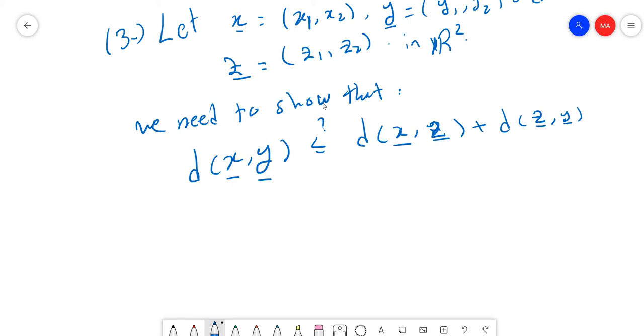The underlying element here denotes the vector (x1, x2), or (y1, y2), or (z1, z2).